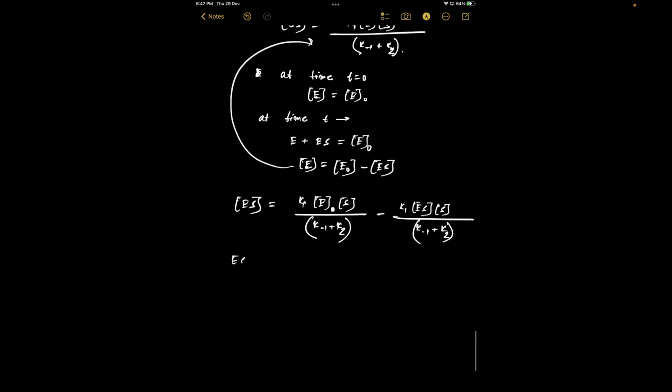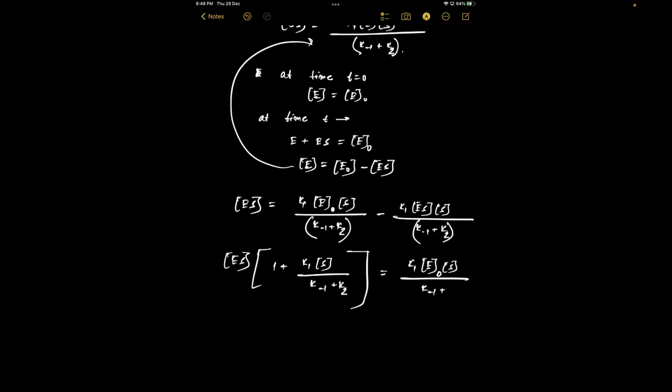So now the ES concentration will be 1 plus k1 times S divided by k minus 1 plus k2, right, equal to k1 times E0 times S divided by k minus 1 plus k2.